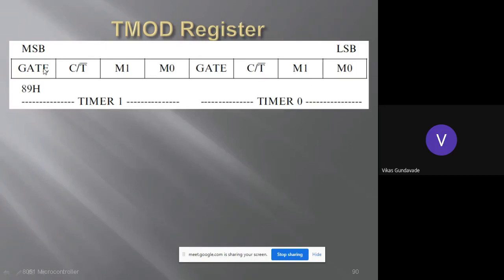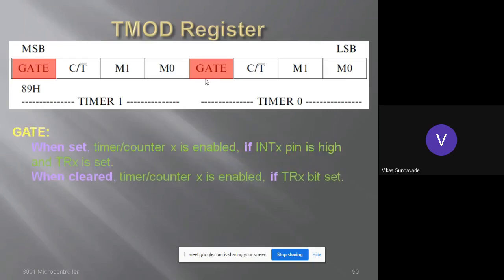Okay, and if you see the bits, the first MSB bit is gate for timer 1, and the fourth bit is the gate for timer 0. Now, what is the function of this gate? When this gate is 0, then the timer or counter will get enabled. If this bit is 1, then that particular timer or counter will be disabled.